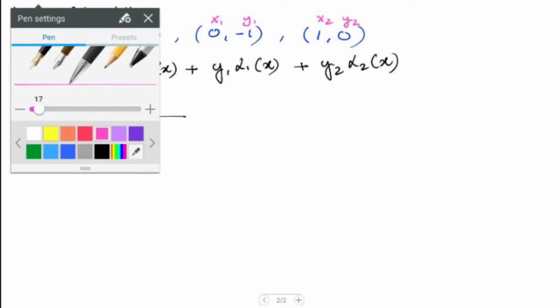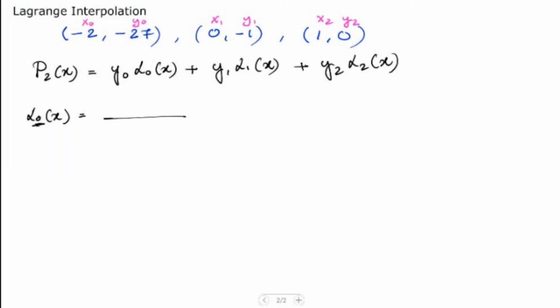Now, to get the formula here, we first have to leave out one of the x values, which is the one unrelated to the term. So here, if it is 0, we will avoid x0. So we'll have x1 and x2. And then down here, we'll take x0, so we'll take x0 minus something and x0 minus something.